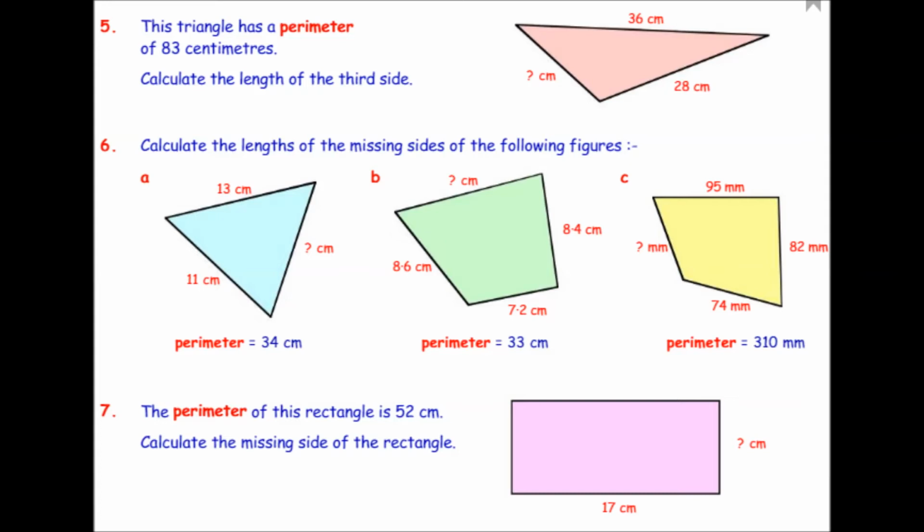So basically, your algebra is going to be like this. We know that there's 2 sides at 17, so that's 34. And we know that there's 2 sides at x. So you're going to have 2x add 34 equals 52.